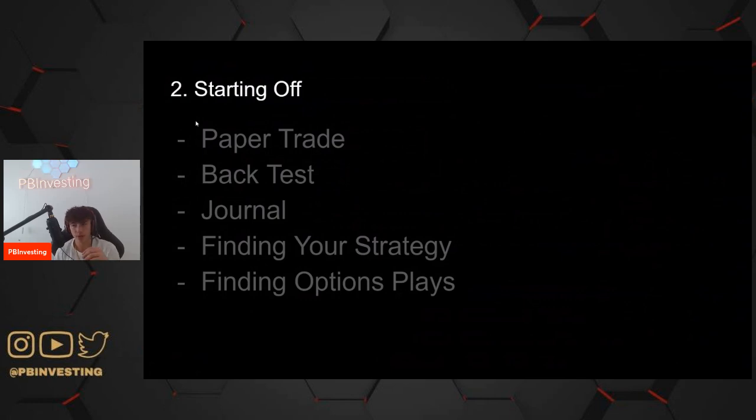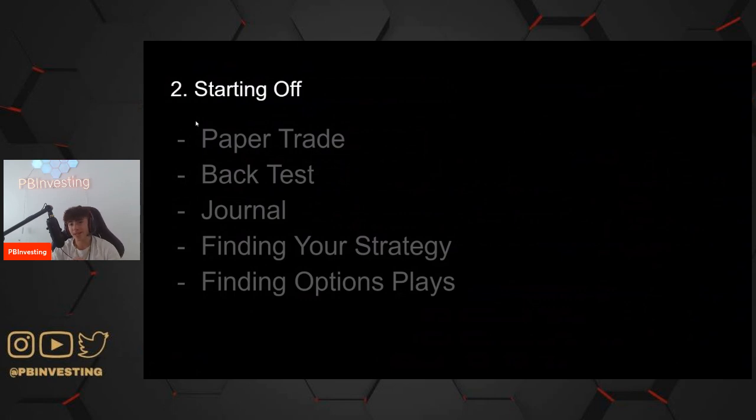This is how many times it's worked. I paper traded this setup this many times and it's worked this many times. I paper traded at 9 a.m. and it sucks compared to when I paper trade 2 hours after open at 11 a.m., etc. And then finding your strategy with paper trading is all about testing out different setups and strategies until you find the one that fits you through paper trading.